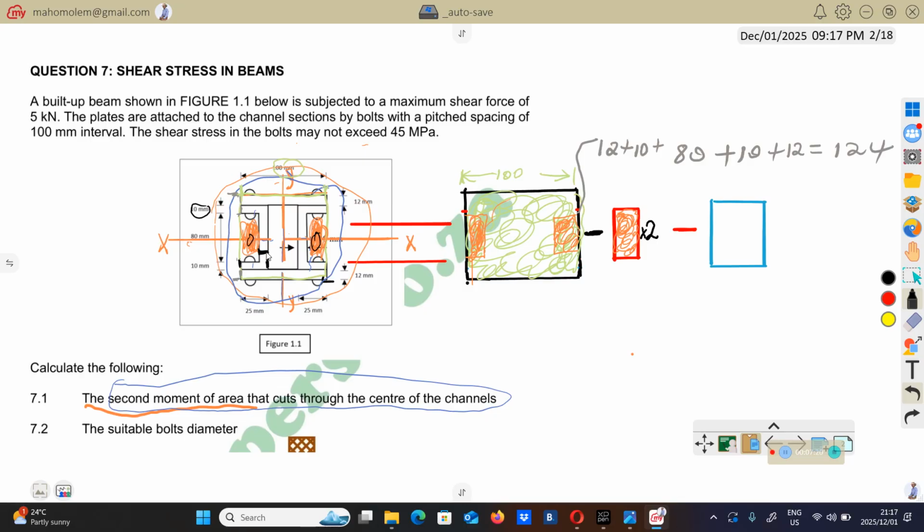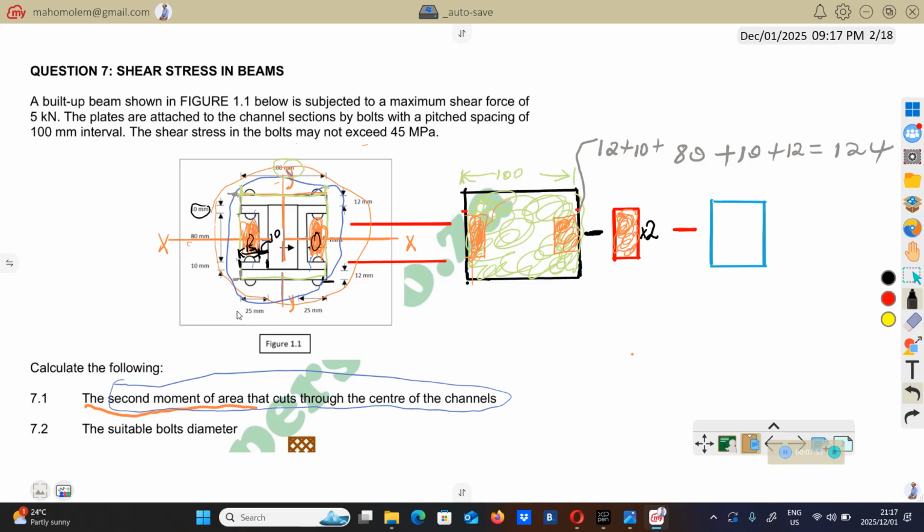So from here to there is 10. So if from here to there is 25, then we're going to minus this 10. 25 minus this 10, we're going to remain with 15. So from here to there is going to be 15. Then this one here is 10. Then 15 plus 10 equals 25.